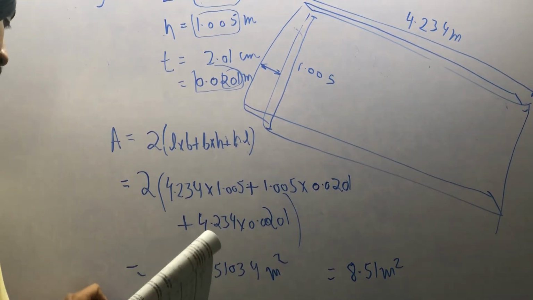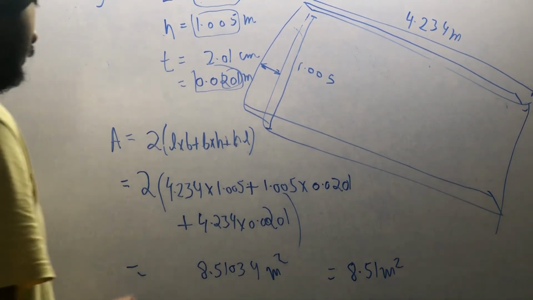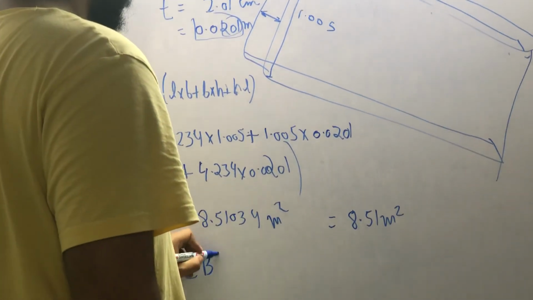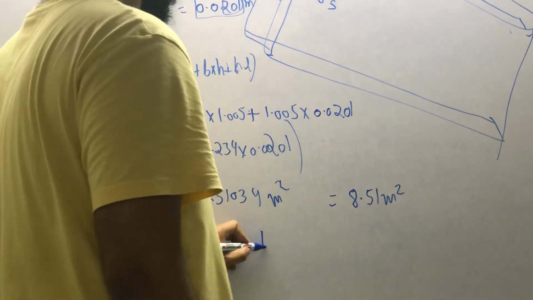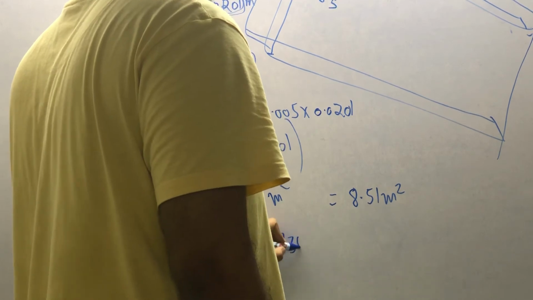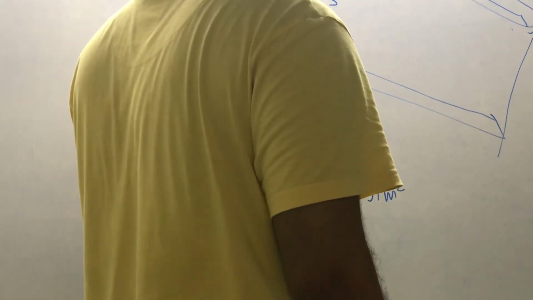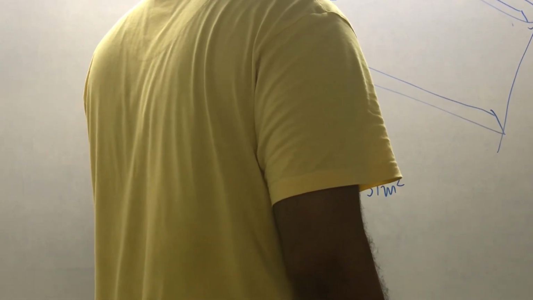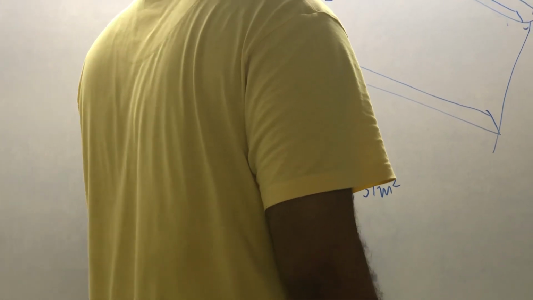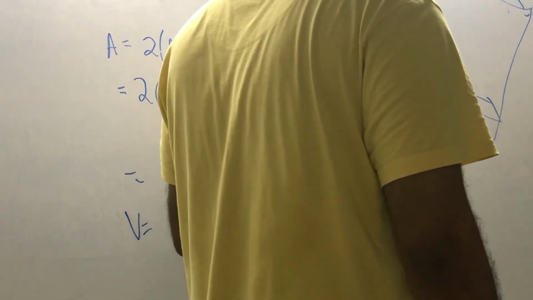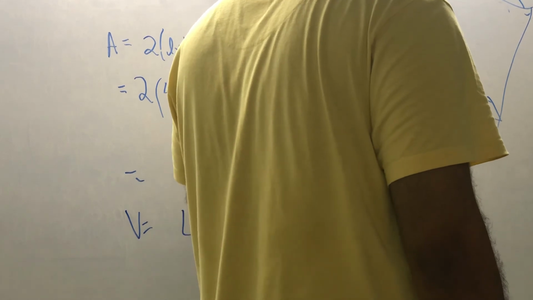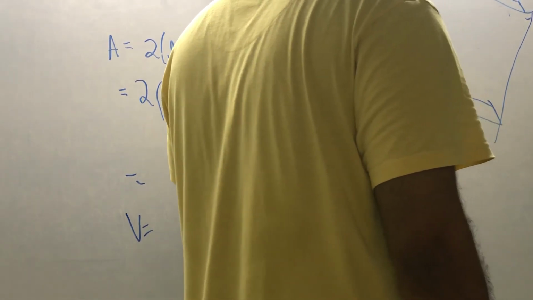Okay, next thing, volume. The volume formula is what? LBH. So this will be 4.234 into 1.005 into 0.201.